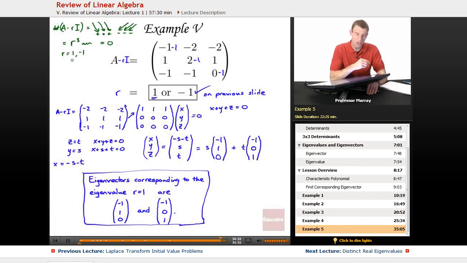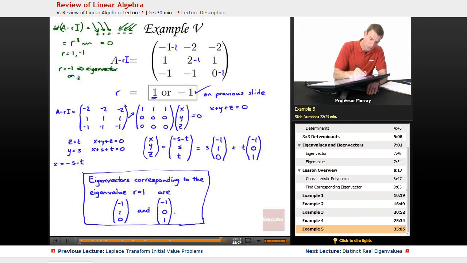And then on the previous slide, we plugged r equals negative 1 back in, and we found an eigenvector on the previous slide. So that one worked out okay. And then what we were doing here is we were finding our eigenvectors for r equals 1.